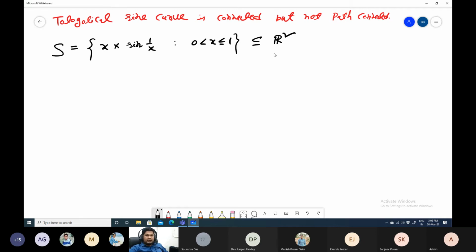Now this is a topological space X. Now can you see that S is connected or not? Yes or no? Is it connected? Yes. Is it path connected?